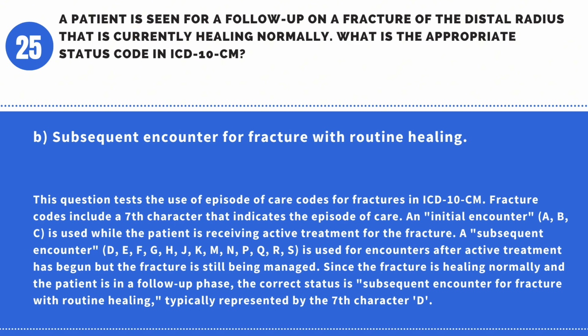A subsequent encounter, D, E, F, G, H, J, K, M, N, P, Q, R, S, is used for encounters after active treatment has begun but the fracture is still being managed. Since the fracture is healing normally and the patient is in a follow-up phase, the correct status is subsequent encounter for fracture with routine healing, typically represented by the seventh character D.